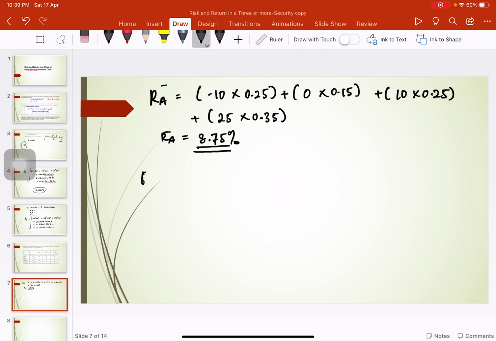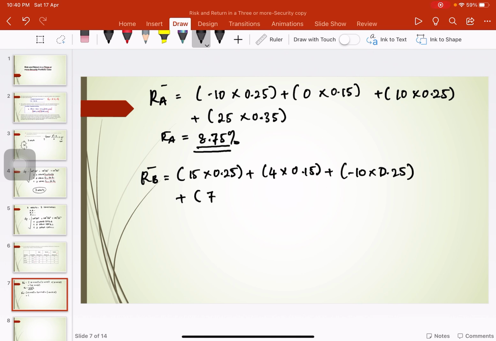Next, let's calculate the expected return for RB. RB is 15 times 0.25, plus 4 times 0.15, and then plus negative 10 times 0.25, and then plus the last one, 7 times 0.35. For this one, RB, you will get 4.3%.